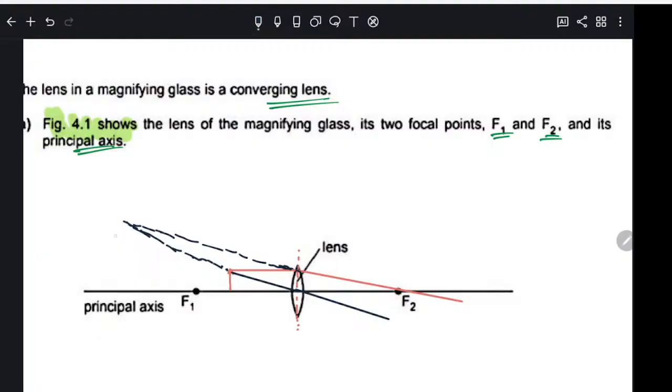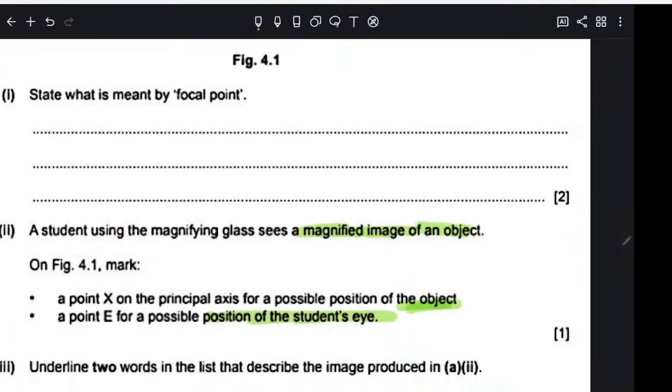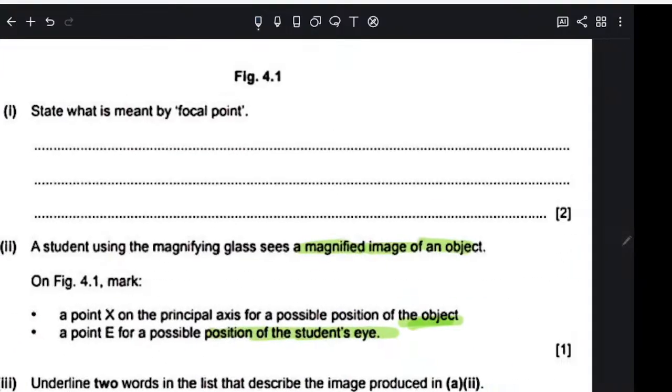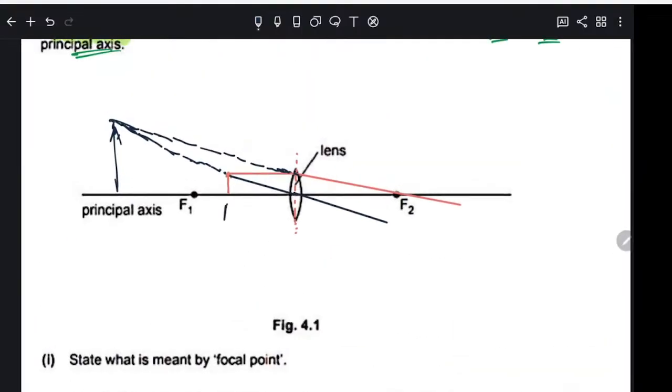So here, this is going to be like that. And what did they say we should call our object? X, then E. X is the object. Then E.